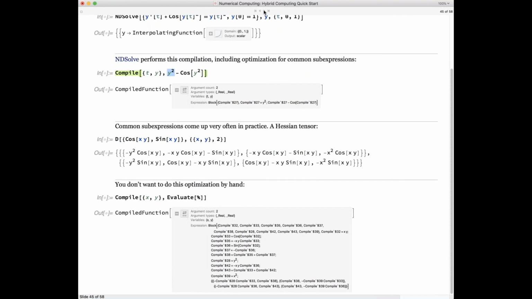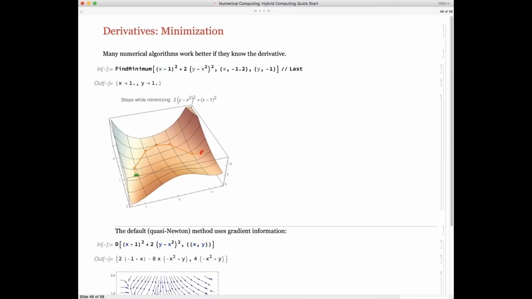Sure. Many numerical algorithms, especially in the area of optimization and root finding, perform much better if they have access to the derivatives of the functions being solved or optimized. This is because in case of minimization, the algorithms essentially need to roll downhill towards the local minima.